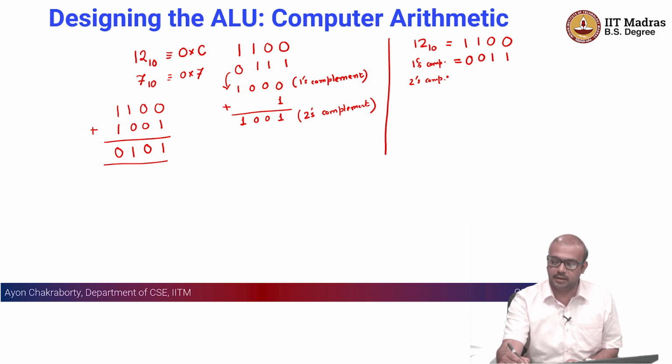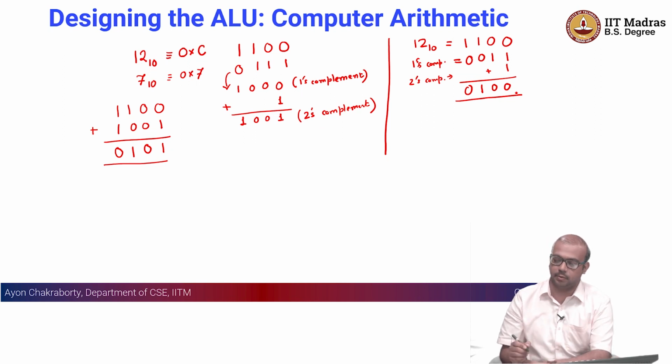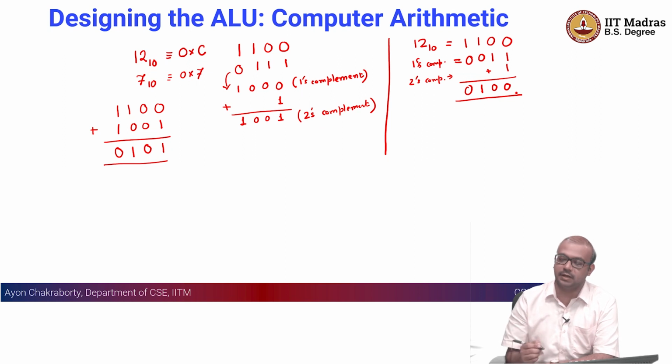So, we will basically try to add 1 to it, and 1 and 1 is 0 here, 2 basically, the 1 is carried over, again 1 and 1 is 2. So, 0, 1 carried over, 1 and 0. So, we have this expression, and we are going to add this to 7.